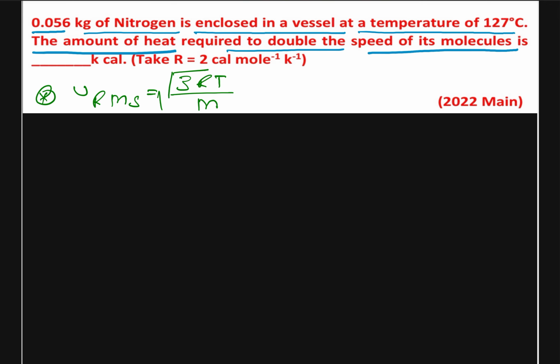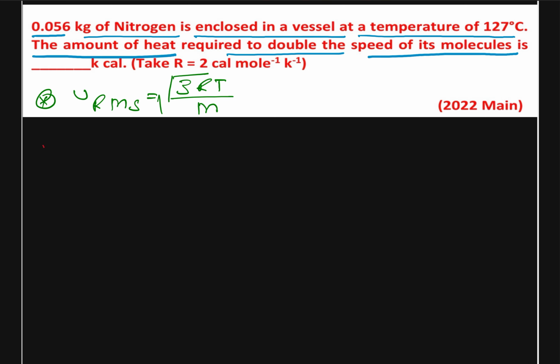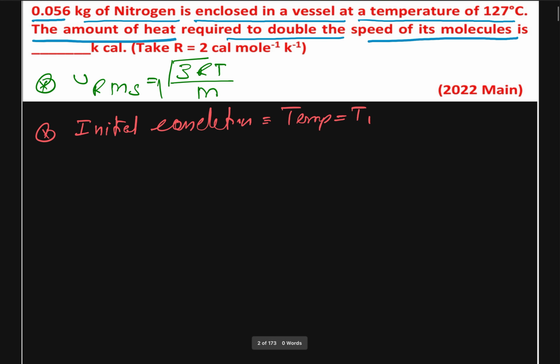So let us say initial condition, and for initial condition we assume that our temperature is T1, and therefore we can write that our VRMS 1 will be equal to the square root of 3R T1 upon m.